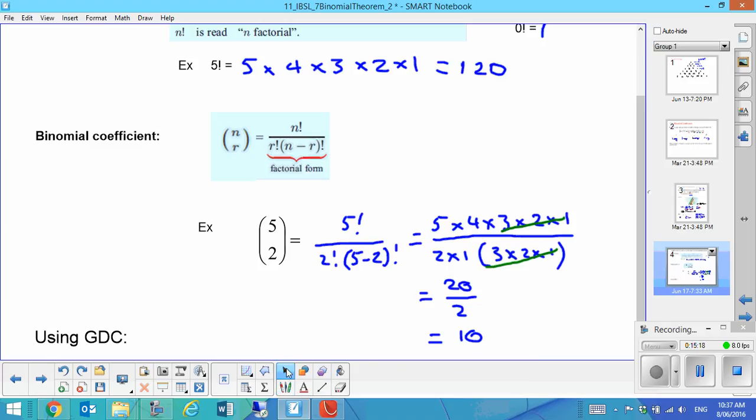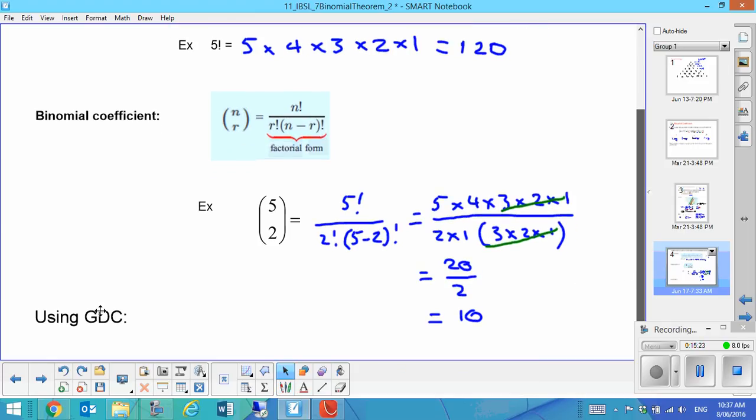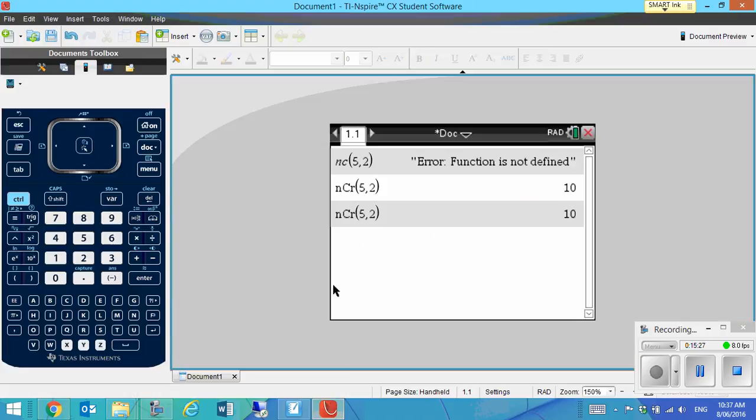We can also do this with our calculators. So if you go to your GDC, I'll show you how to set that up. You can just type in nCr using the keys and then do your brackets, and in there you're going to put 5, 2, and that gives you 10.